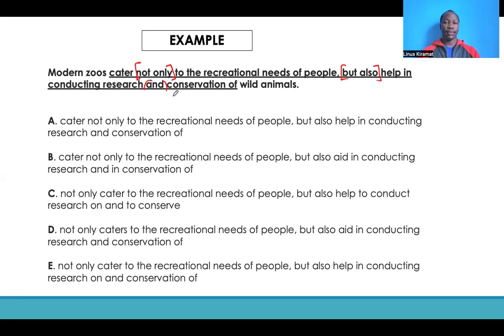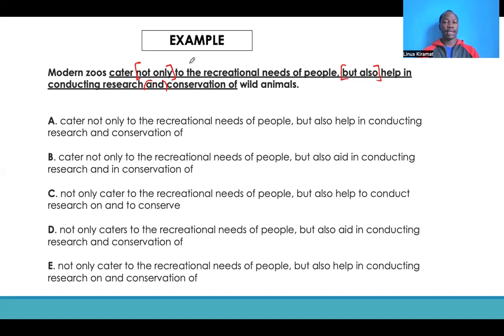As a rule, coordinating conjunctions must link parts of a sentence that are in the same grammatical construction. Further, as I explained earlier, anytime you see correlative conjunctions, watch out for parallelism.